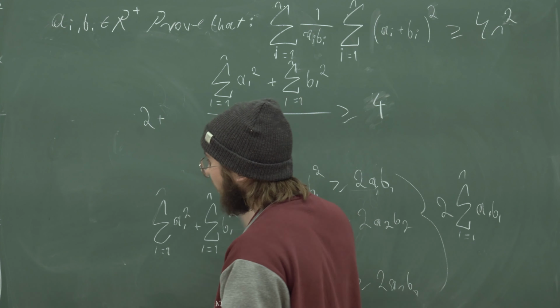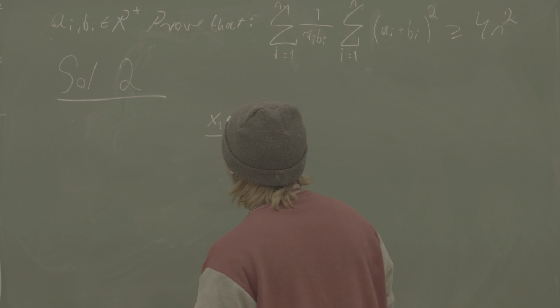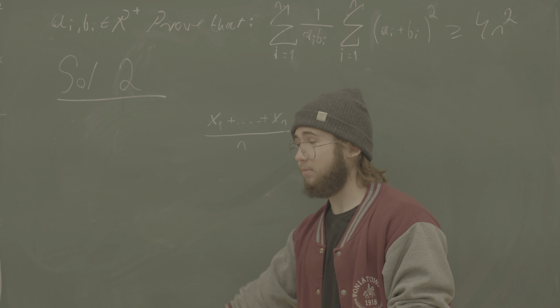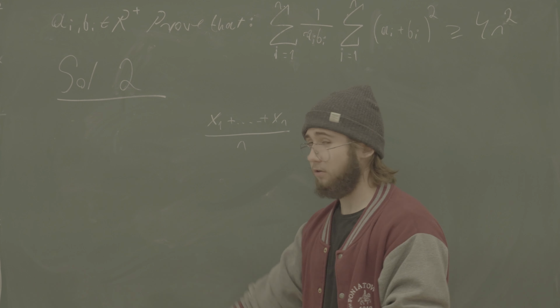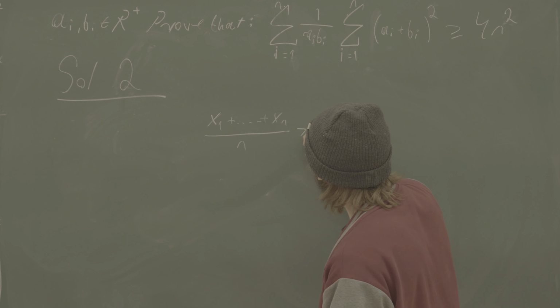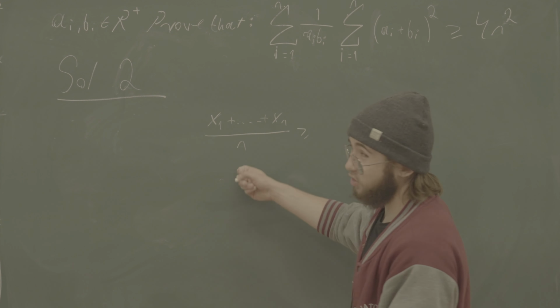Well, we have this lovely inequality called the AM-GM inequality, which states that if we have n natural numbers, let's call them xi, so x1 up to xn, we take the sum and divide that sum by the quantity of those numbers, n, it is going to be greater than or equal to the geometric mean, which is the nth root of the product.